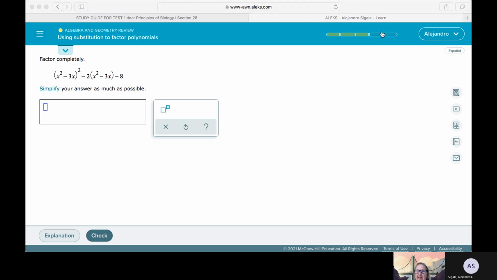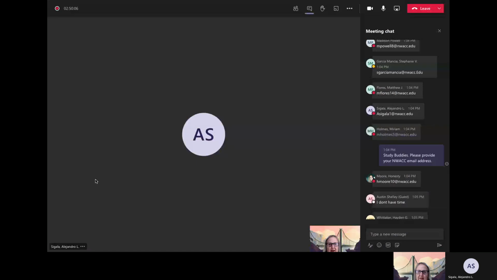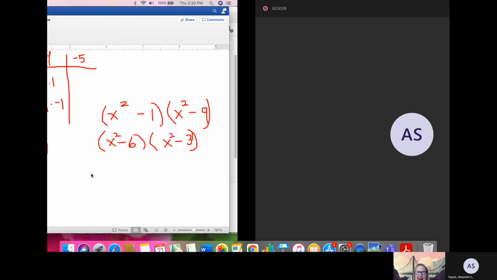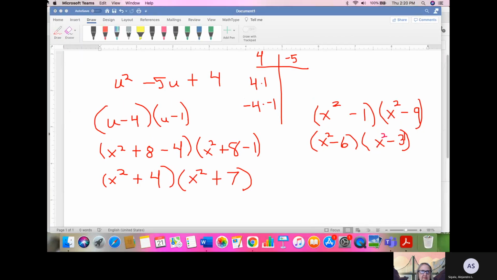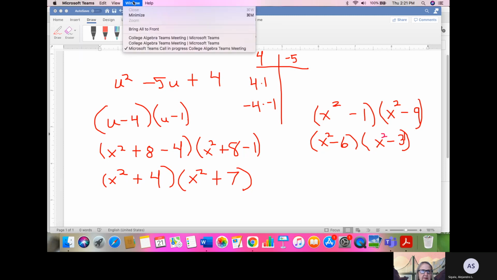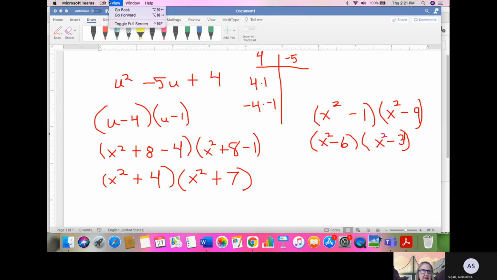Then I'll share my screen. I think it might cancel your sharing if I do that. I don't know how that works. Maybe we'll try it. Let me go back to Word. It looks like it's sharing my screen. I want to get another document here, a window.